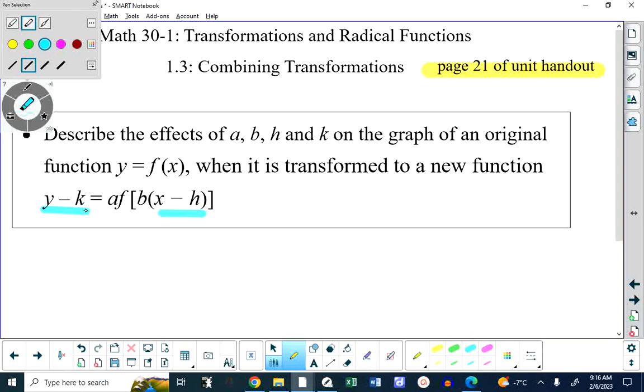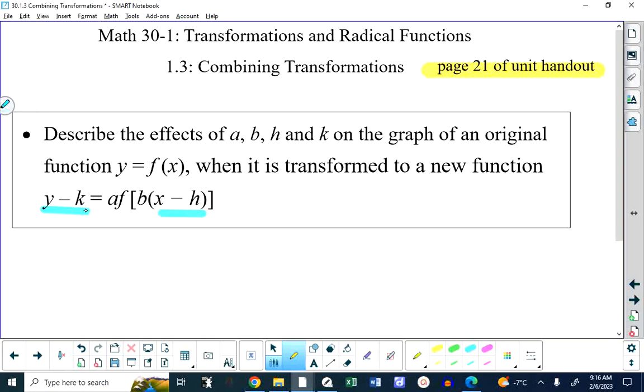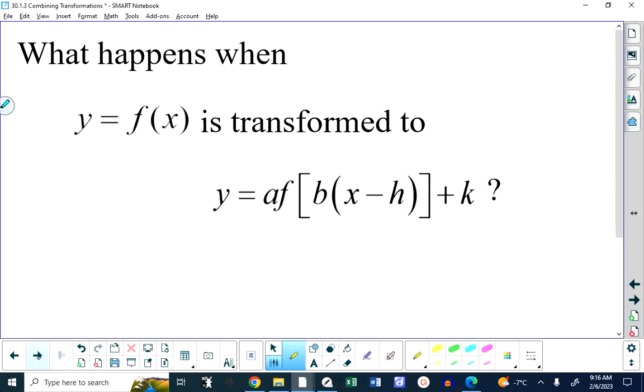Y becomes y minus k, x becomes x minus h. And what this question is really saying is, what happens when you change f of x to this new function? That's the bottom line. And the short answer to that question is everything that we've learned happens, still happens.